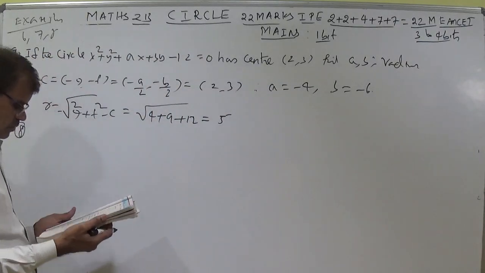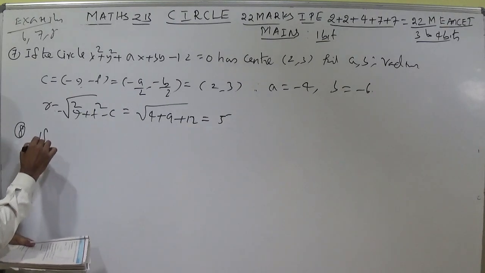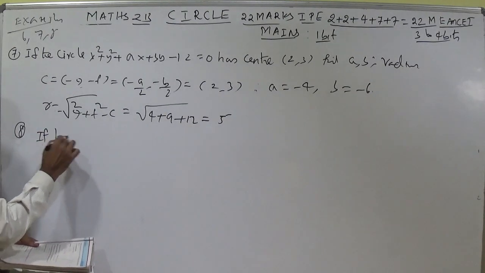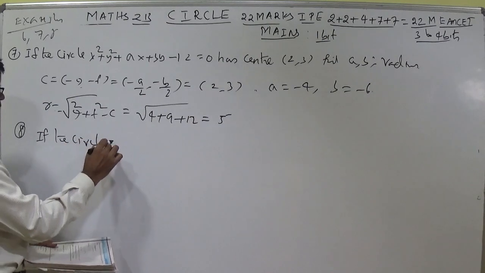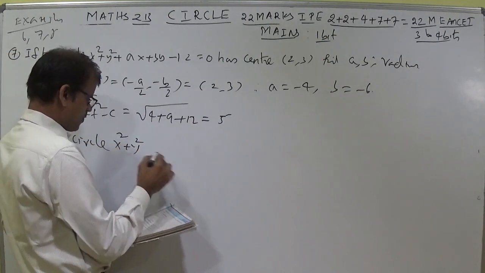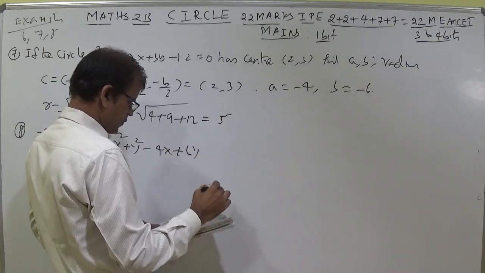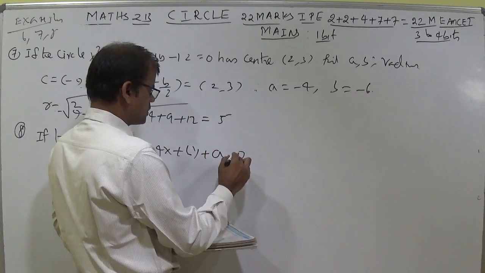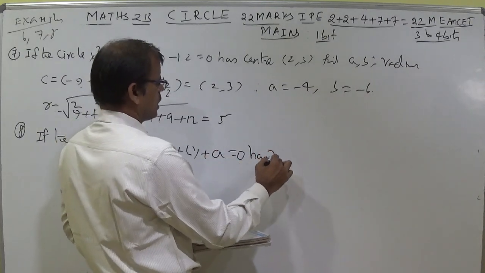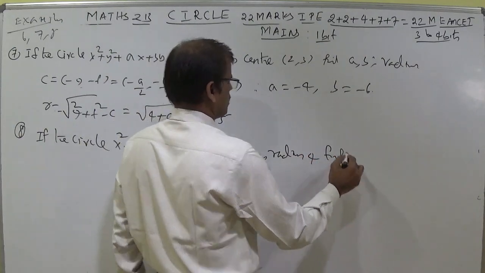Next let us discuss the 8th question. If the circle x square plus y square minus 4x plus 6y plus a is equal to 0 has radius 4, find a.